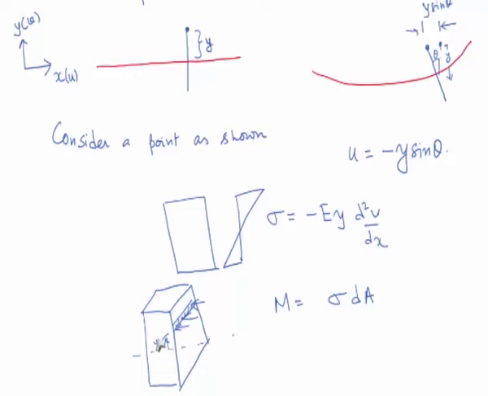So sigma y dA is the moment due to this small strip, and if I have to calculate the total moment, it is the integral of sigma y dA, which is what I have written in my slide.